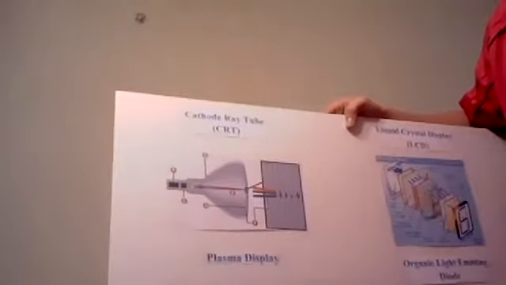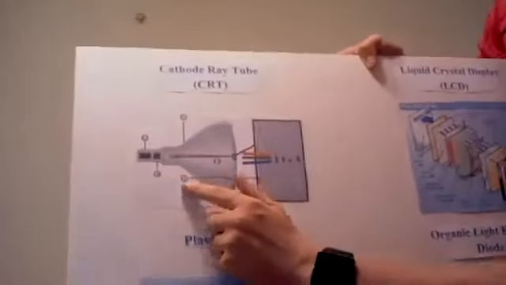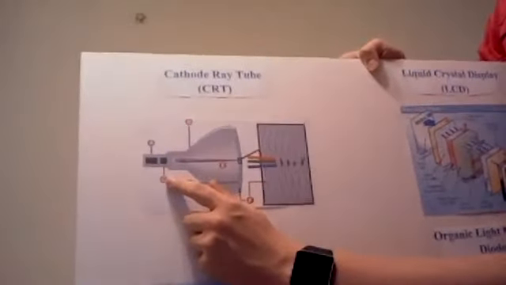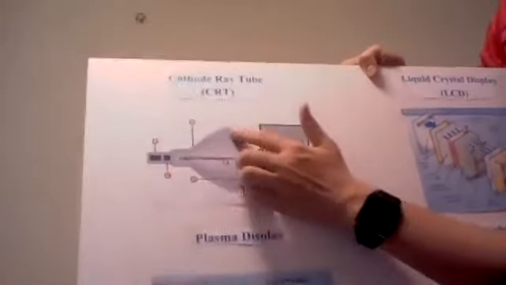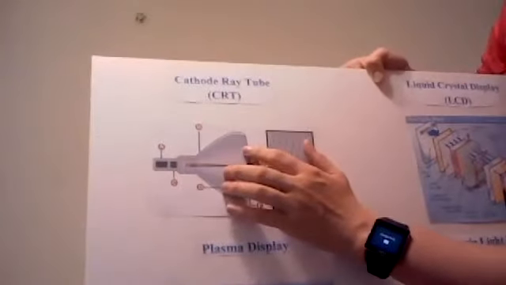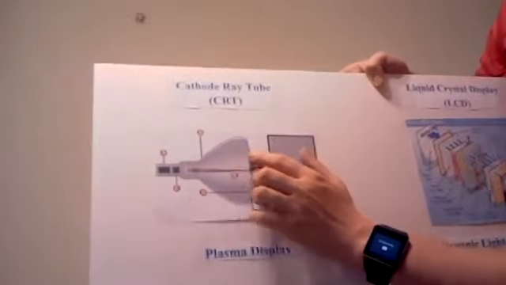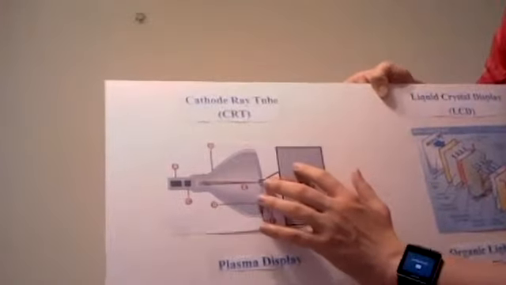The cathode ray tube works by creating an electron beam that is shot through coils of wire that create magnetic fields which direct it across the screen. The electron beam hits the screen where there are different phosphors that light up with the electrons.